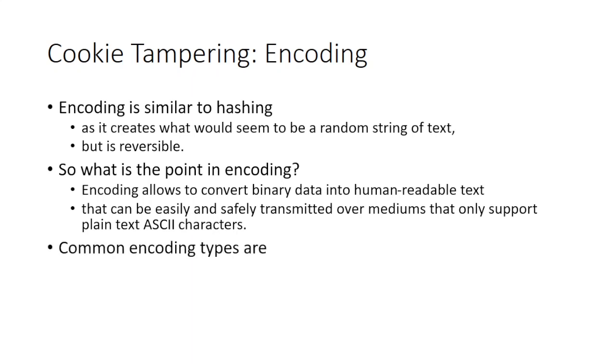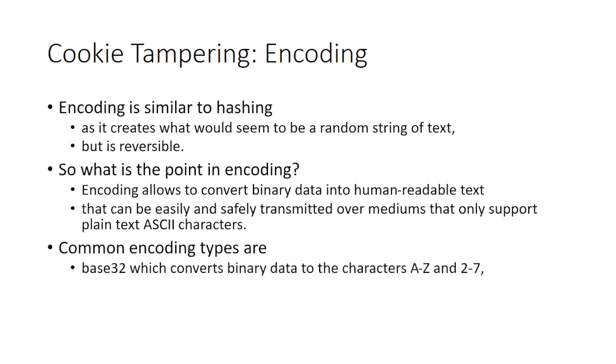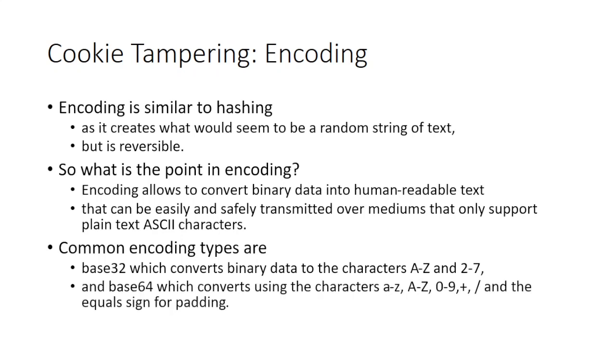Common types of encodings are Base32, which converts binary data to the characters A to Z and 2 to 7, and Base64, which uses lowercase a to z, uppercase A to Z, 0 to 9, plus, slash, and the equal sign for padding.